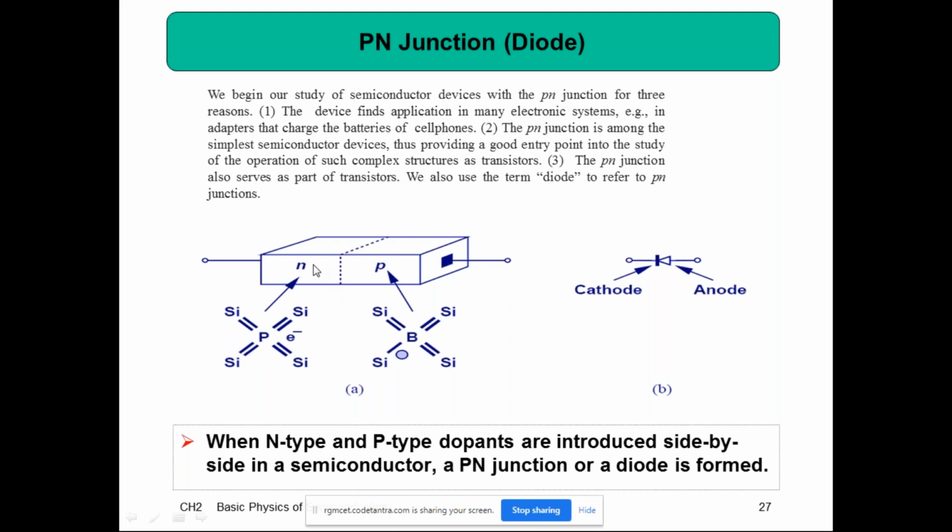At that junction point, on the N side there are more electrons: majority carriers are electrons, minority carriers are holes. Similarly, on the P side, majority carriers are holes, minority carriers are electrons. Observe here, right? At the junction, what happened? When the PN junction is formed, at the junction point, what happened?